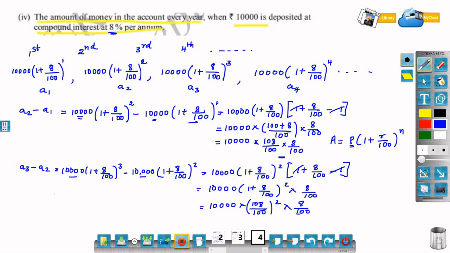So the common differences are not equal. Therefore, it is not an AP.